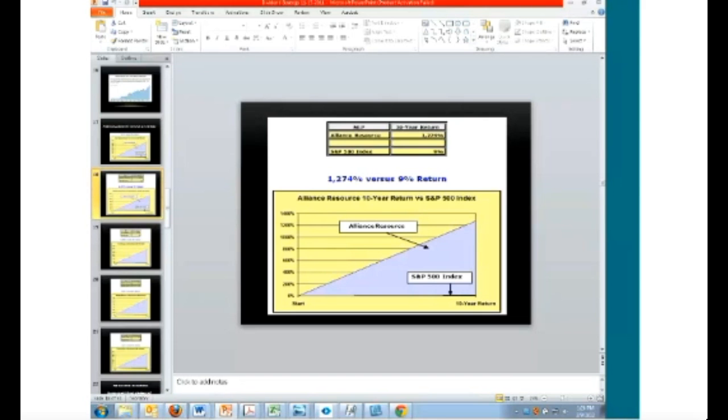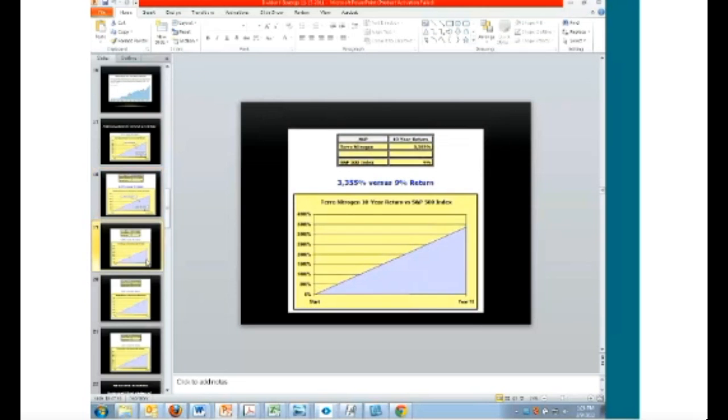Here's a profit graph for Alliance Resource. That's a coal mining company. They've had a 1,274% return versus 9% for the S&P. And here's Terra Nitrogen. That's a fertilizer company, 3,355% return versus 9% for the S&P.